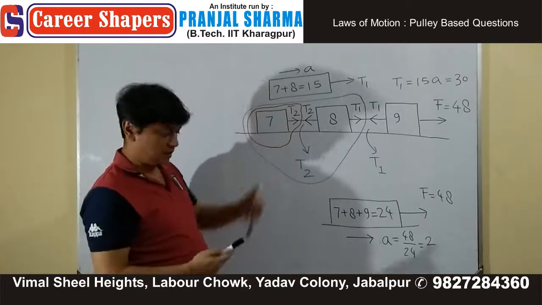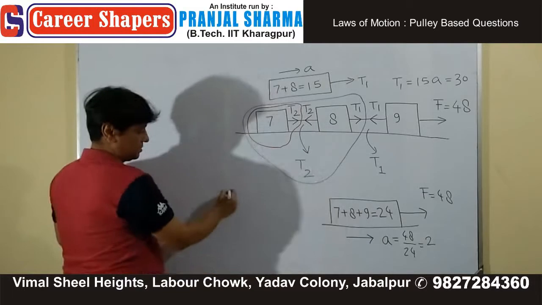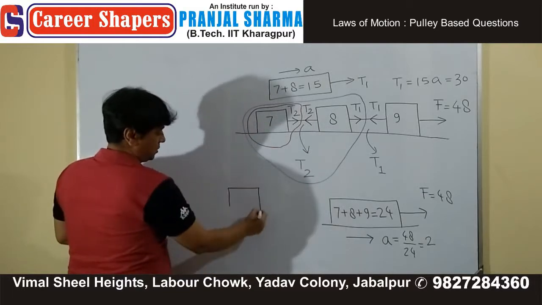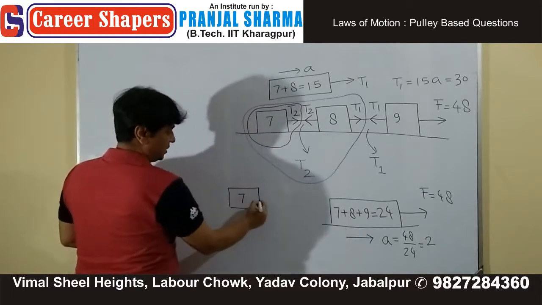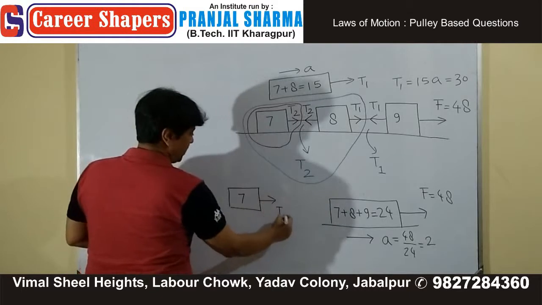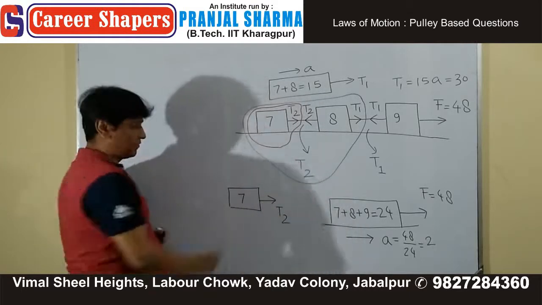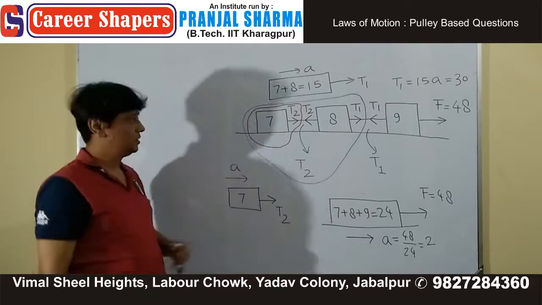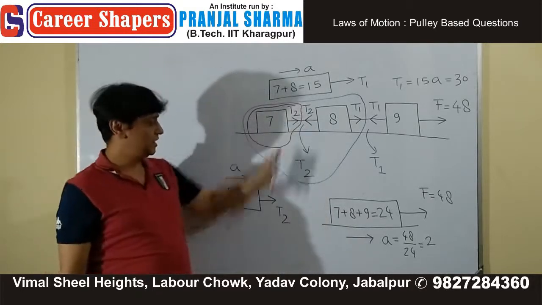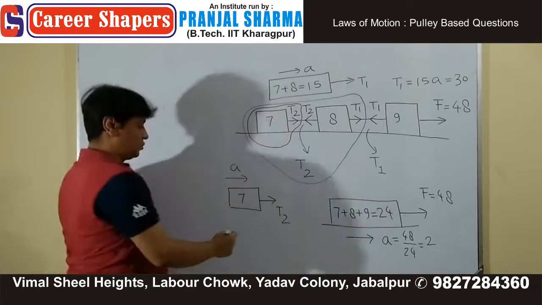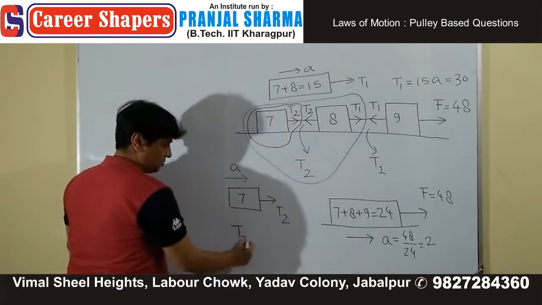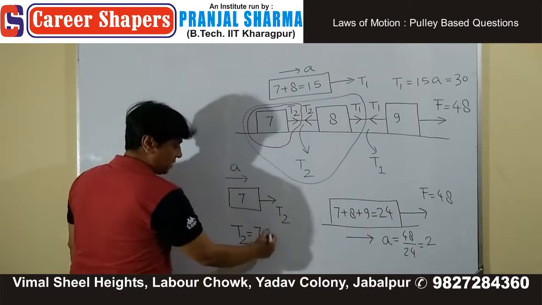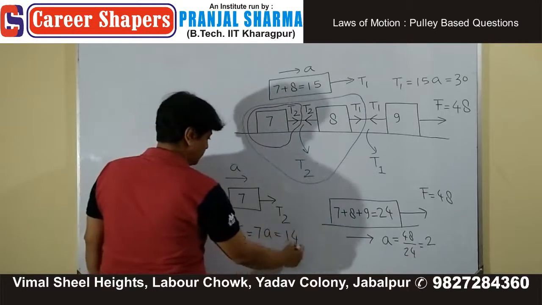If you consider only this much, then you have 7 kg being pulled in this direction with a force of T2, producing an acceleration of 2. On 7 kg only T2 is present. So what is the value of T2? Mass into acceleration, 14.